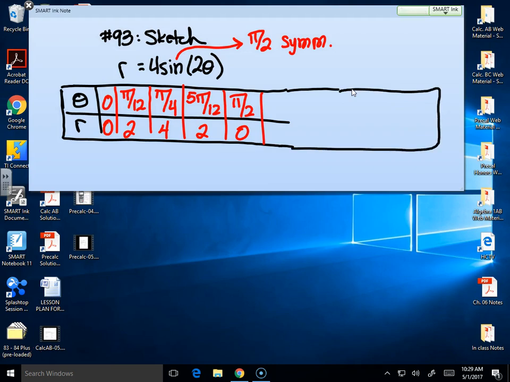So if you wanted, you could keep going just a little bit to try to get sine to be negative. At 7 pi over 6, sine becomes negative, which is why I'm going there. We could go to 3 pi over 4, times 2 is 3 pi over 2.